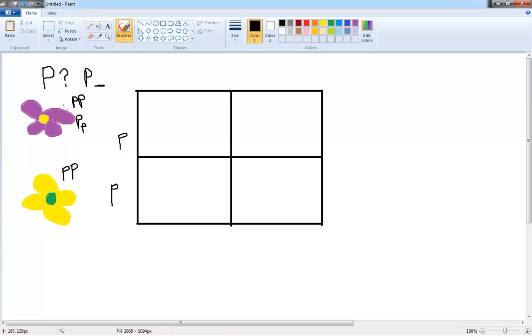And so let's say that it is big P, big P. What are the flowers of the progeny going to be? Well, they are all going to be big P, little p, right?